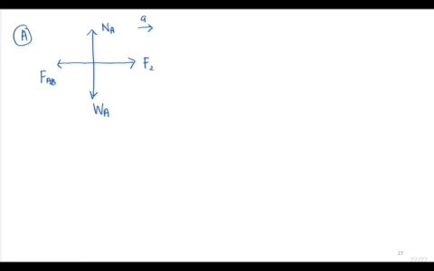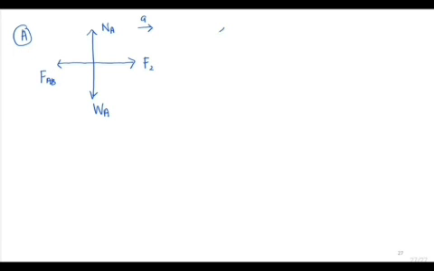Let's start with box A. For box A, it has normal force and weight. The pushing force F2 and contact force FAB. Don't forget to include the direction of acceleration.